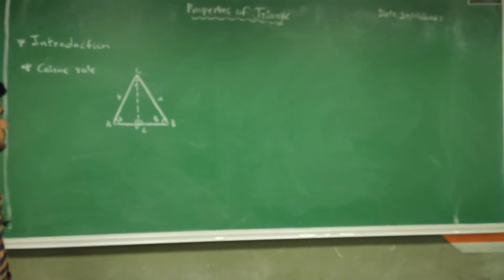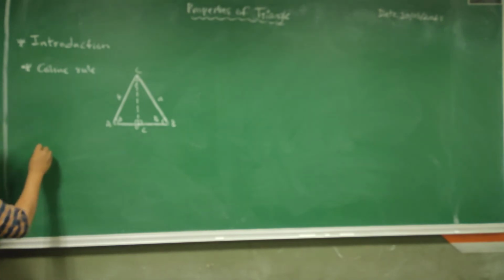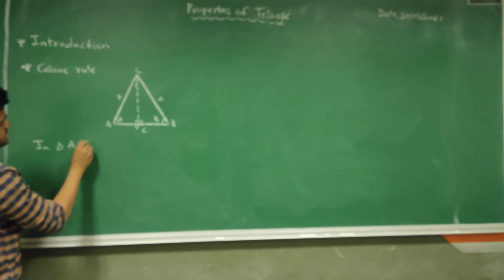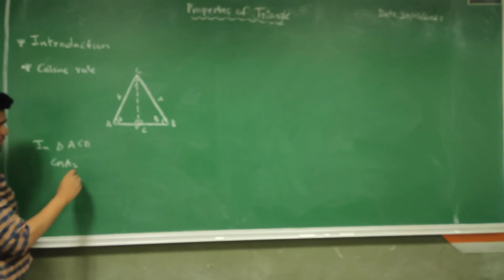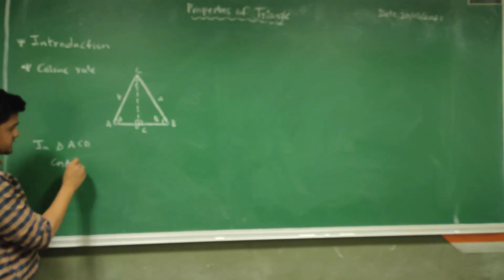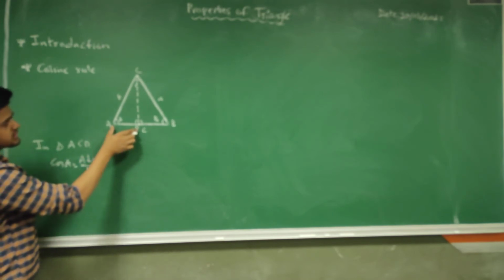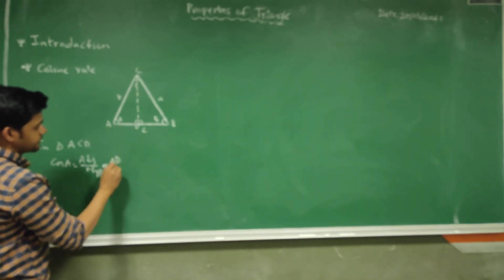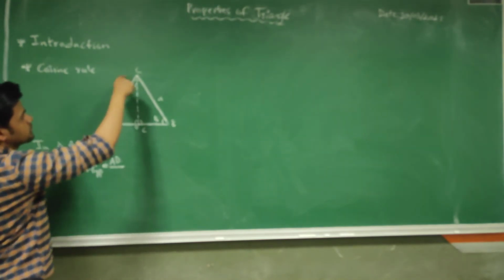Okay. Now let's suppose here we have angle A in triangle ACD. So if I am applying cos A, we know the cos ratio is adjacent by hypotenuse, and adjacent is nothing but AD, by hypotenuse, which is nothing but AC.